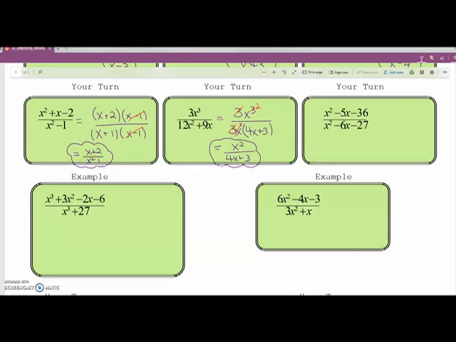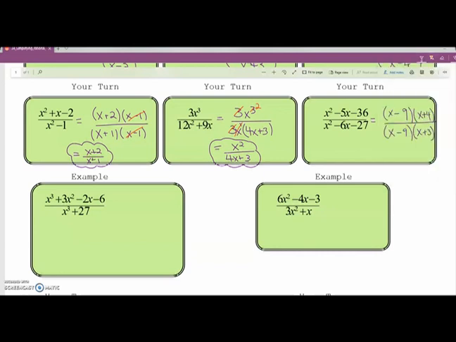These next two, bottoms up again, -9 and 4 are your magic numbers in the top. -9 and 3 are your magic numbers in the bottom. X minus 9 times x plus 4 divided by x minus 9 times x plus 3.